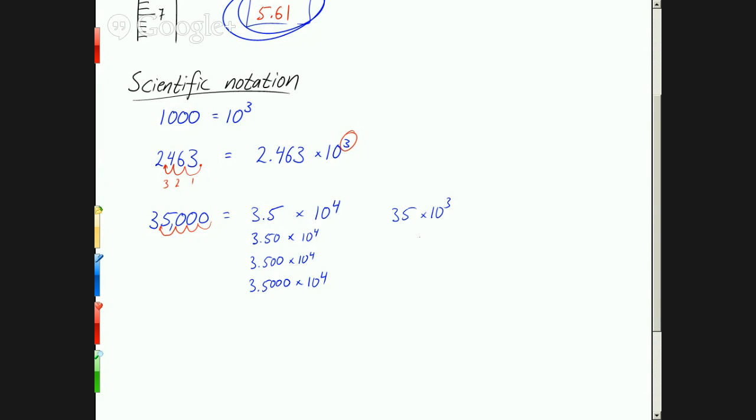Similarly, it's not correct to write 0.35 times 10 to the fifth. That would be another way to do it, to move the decimal even more. That's also an equivalent number, but that doesn't fit the official scientific notation rules. You see what I'm saying? So we're going to stick with 1 digit out here.